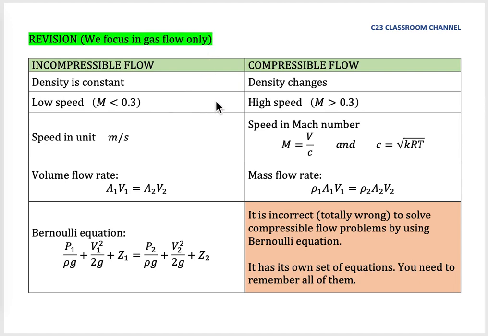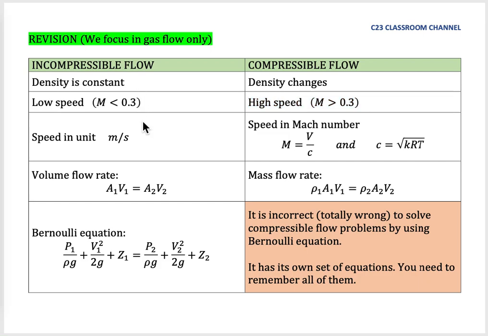And then if we compare by Mach number, if velocity is less than Mach 0.3, we could say that it is an incompressible flow. However, if our speed is more than Mach 0.3, we need to assume that the density has changed, and we need to calculate using the compressible flow equations.